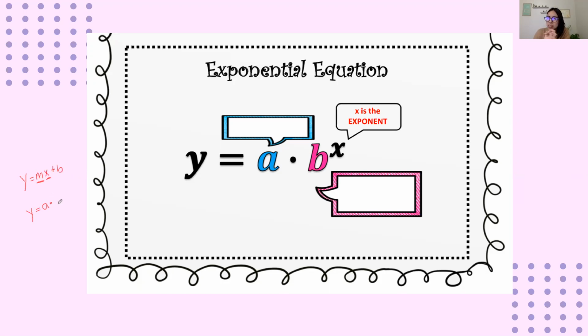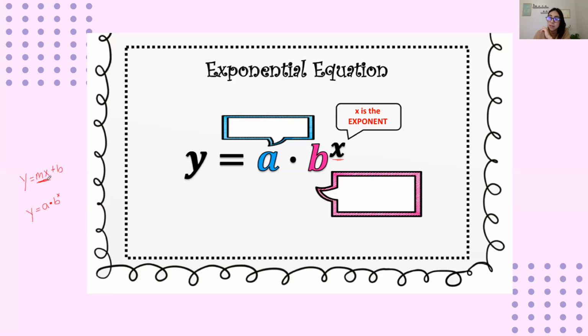Notice I'm not using an x for times because that x is a variable here. So don't use x for times, use your dot. A times b, and look at this x, it's the little exponent on top. That is the major difference.